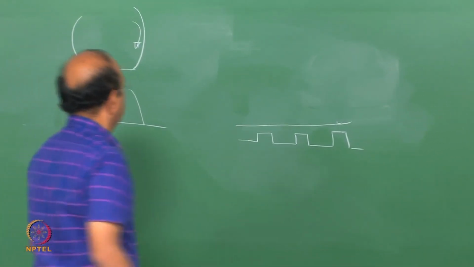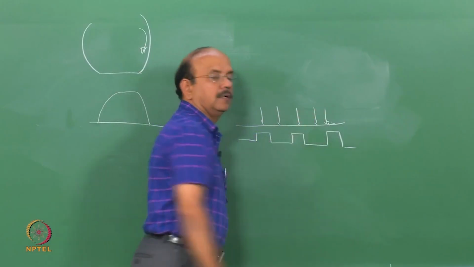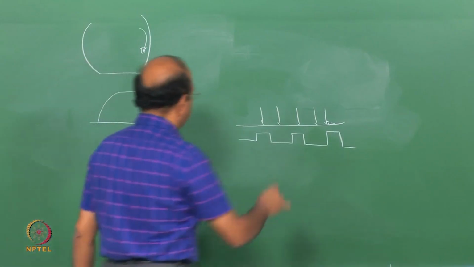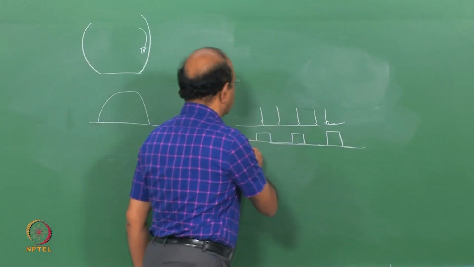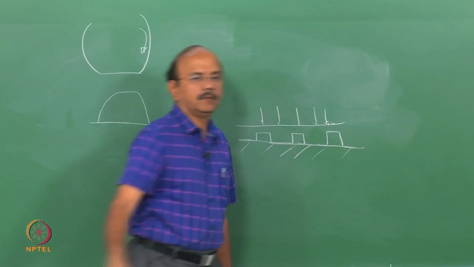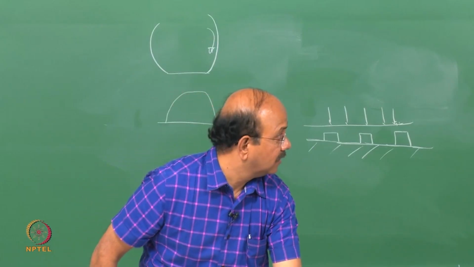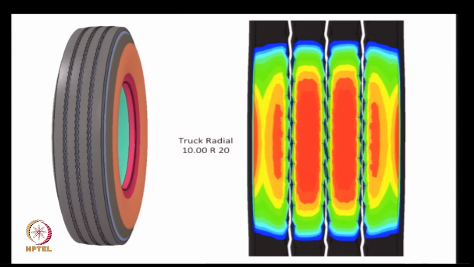Now here is the inflation pressure that's acting, and here is the road surface. So in other words, there are grooves. The grooves become quite complex if you really look at that kind of tires, and here again you have grooves.